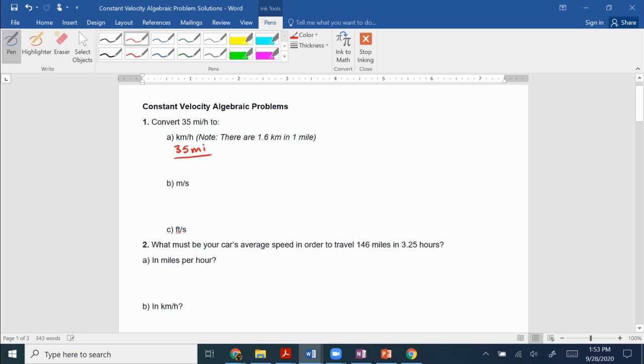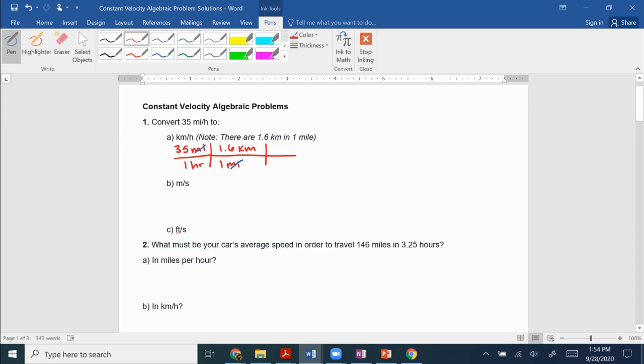35 miles in 1 hour. And so we are trying to change to kilometers per hour. So in order to do that, we just need to have 1 mile is equal to 1.6 kilometers. At that point, the miles have canceled, and we're left with kilometers on the top and hours on the bottom.